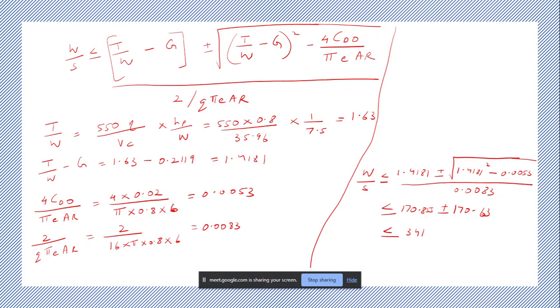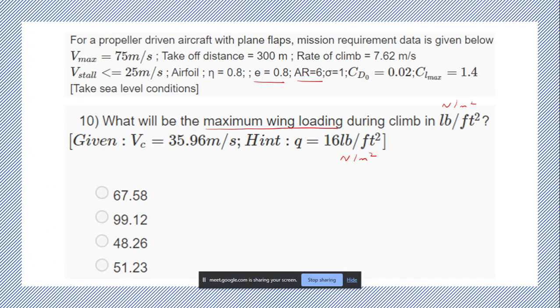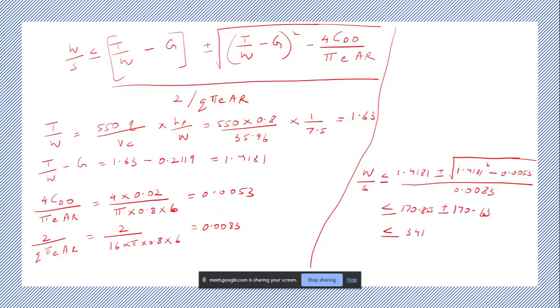Yes. When we take the units in the same order, say pounds, the value is coming 67.6. Okay. So we should have just taken VC as 117.9. Okay, let's just try doing that then.